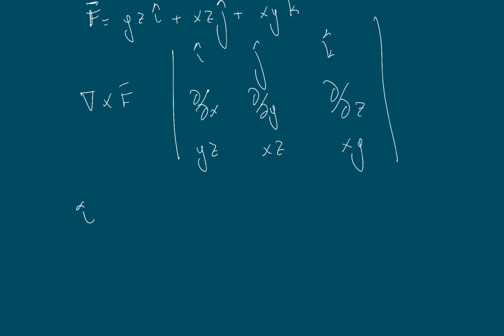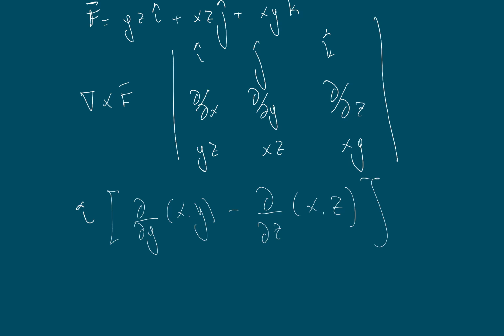So the i component will be the derivative with respect to y of xy minus the derivative with respect to z of xz. The derivative with respect to y of xy is x, and the derivative with respect to z of xz is x, so this is 0.